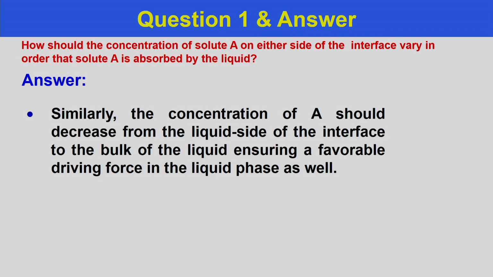Next, similarly, the concentration of A should decrease from the liquid side of the interface to the bulk of the liquid, ensuring a favorable driving force in the liquid phase as well. That means, in the liquid phase, from the interface of the liquid, there should be a driving force, that is x_AI would be higher than x_AB, which is the liquid phase bulk concentration.